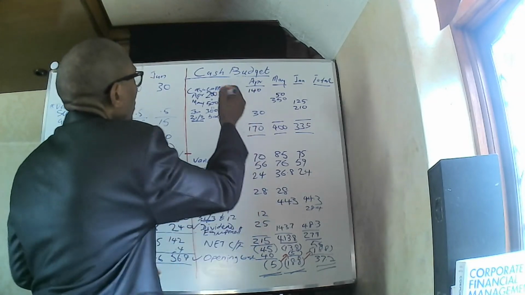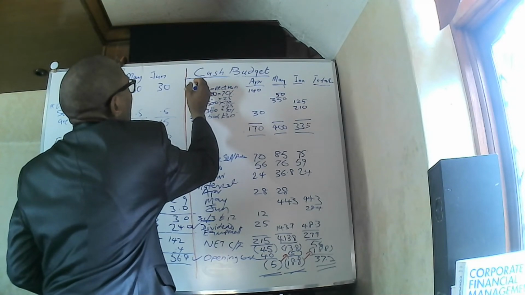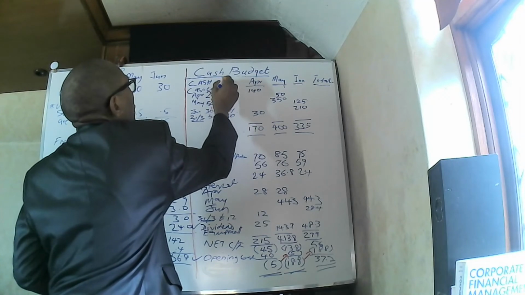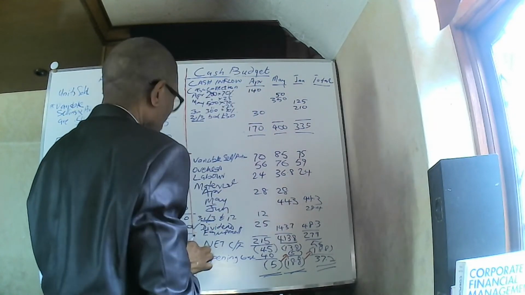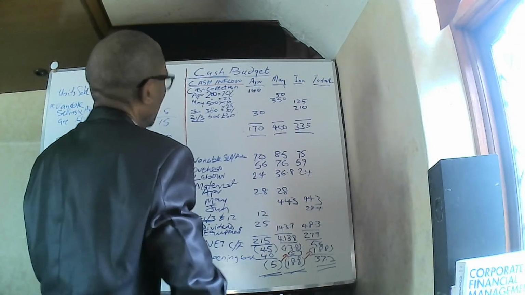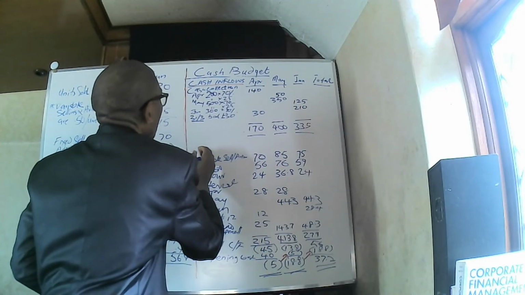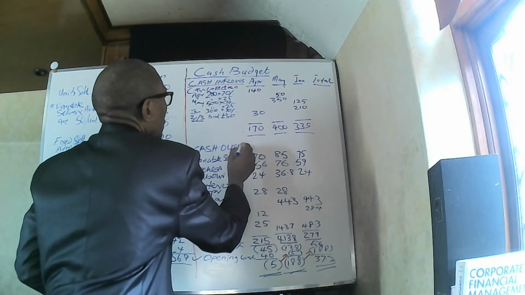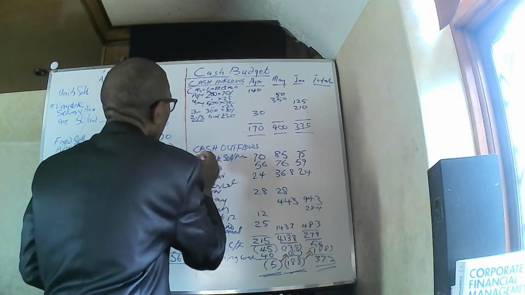Let's tidy up some headings. This is cash inflows. Cash inflows for April, May, June. Cash outflows for the same period.